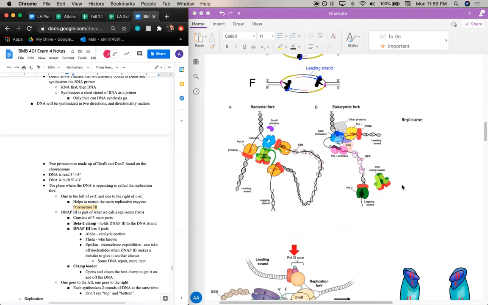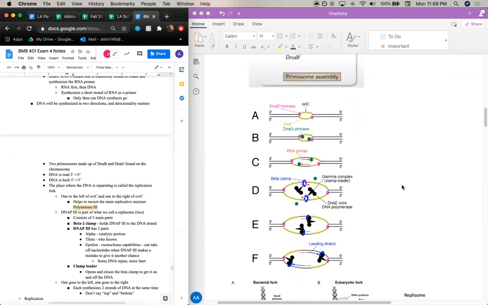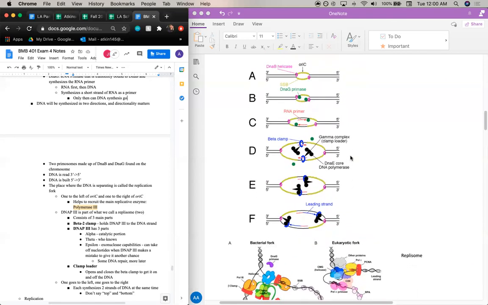You never want to be using the terminology top and bottom, because really there's nothing saying we can't take whatever picture you were looking at and rotate it upside down. It would still work perfectly fine. So instead of using the terms top and bottom or left and right, we really want to be using the terms 3' to 5' or 5' to 3'. That's going to tell us how you're reading this DNA and which way it's facing.